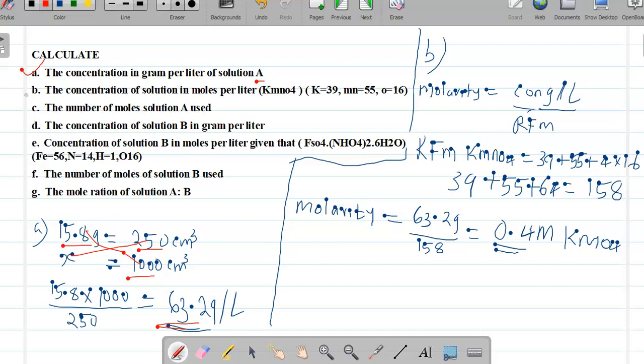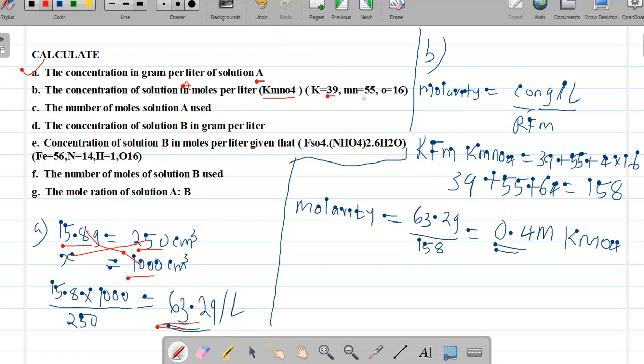Let's go to part B. It's asking for the concentration of solution A in moles per liter. Solution A is potassium manganate(VII), written KMnO4, which means 4 oxygen.